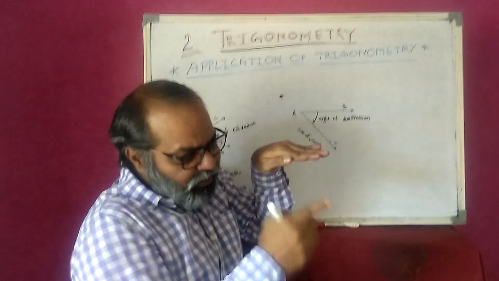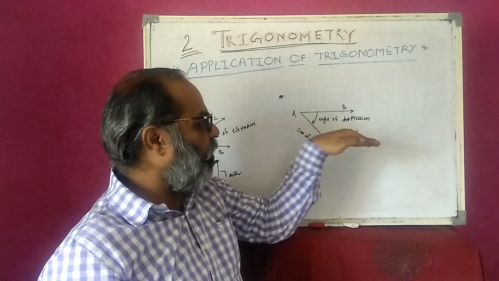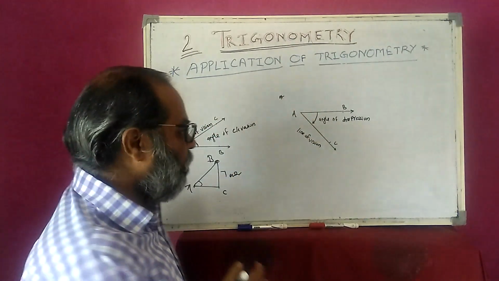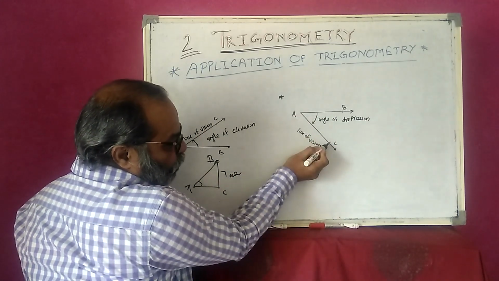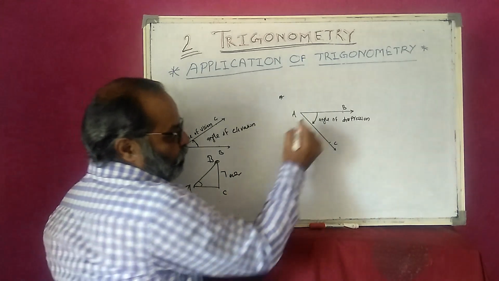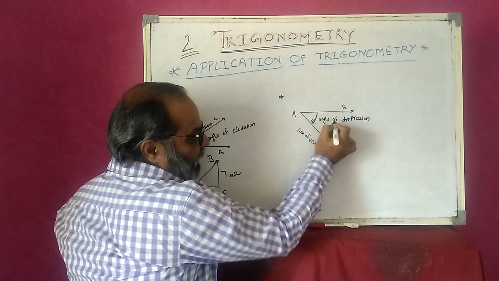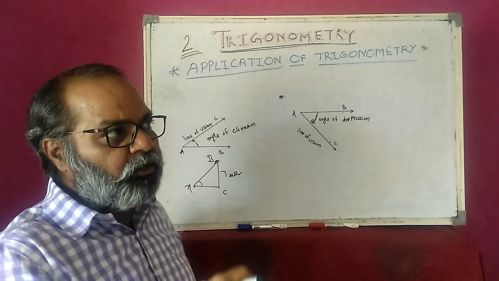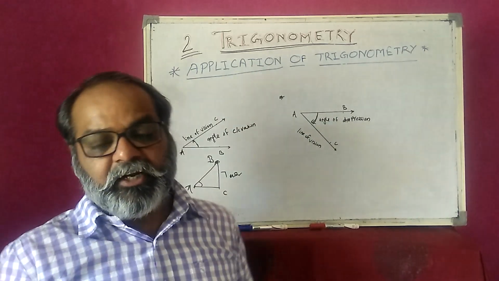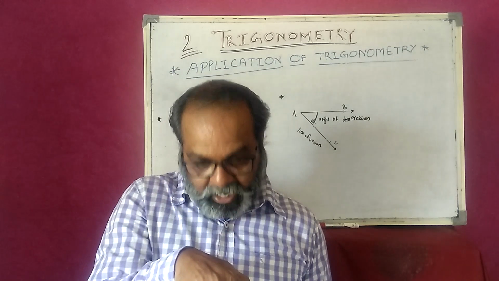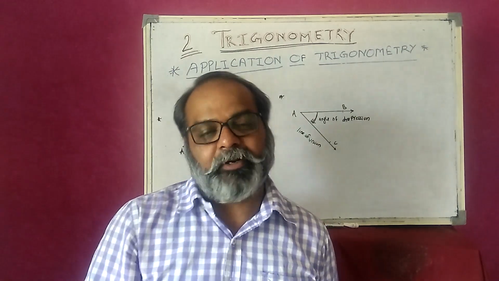This is the line of vision, and the angle is the angle of depression. When you look towards the top, it is the angle of elevation, and when you look towards the ground, it is the angle of depression.